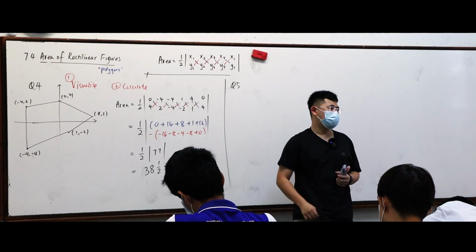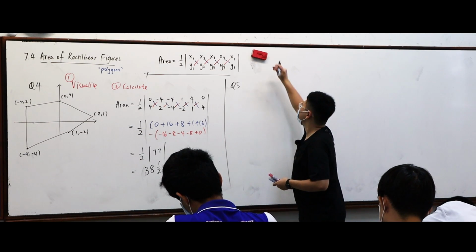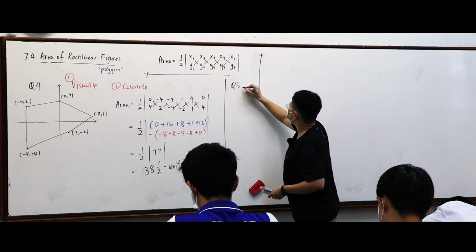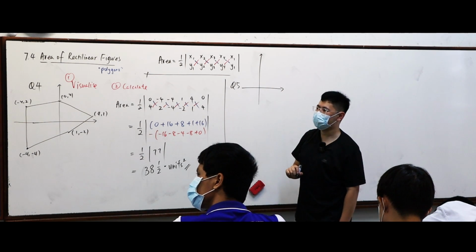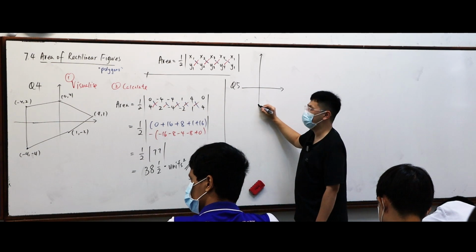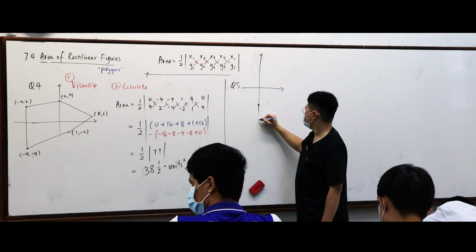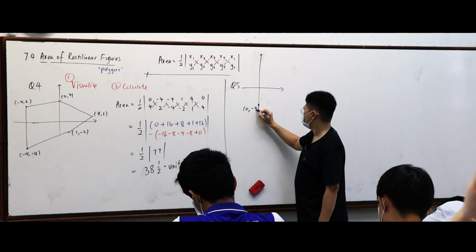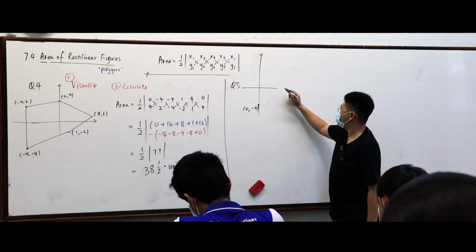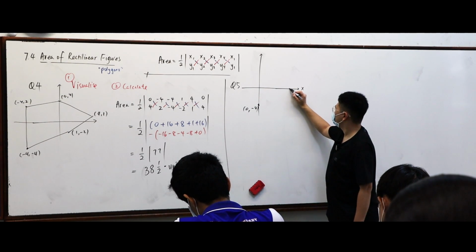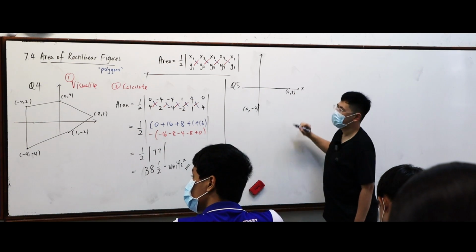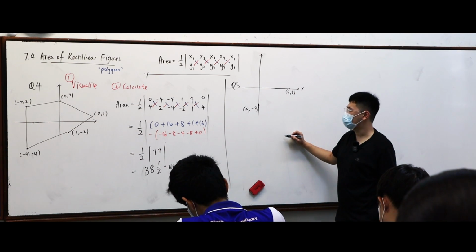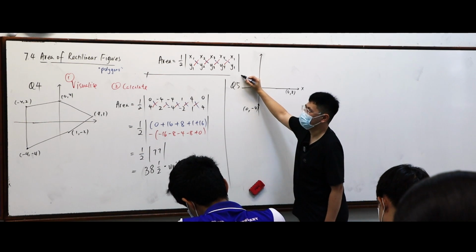So let's do some visualizing first. Because if you don't visualize, it will be very hard. So let's do some visualizing work. 0, negative 4 over here. 0 and 8 somewhere over there. Negative 5 and 2, over here.